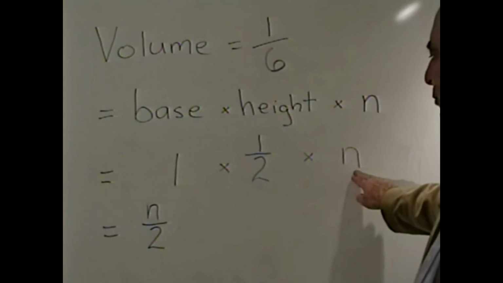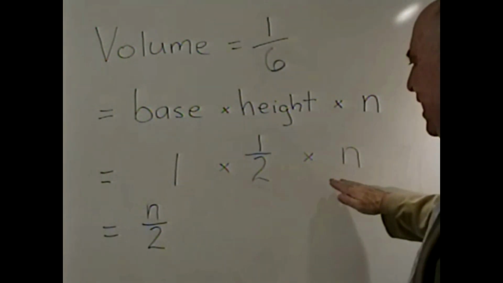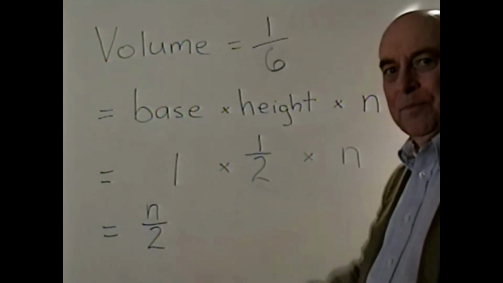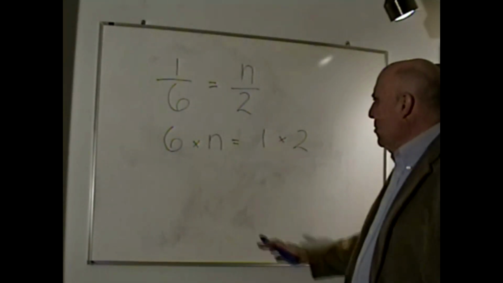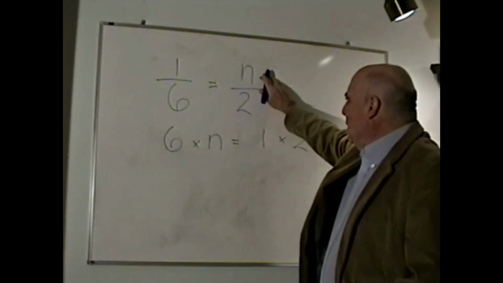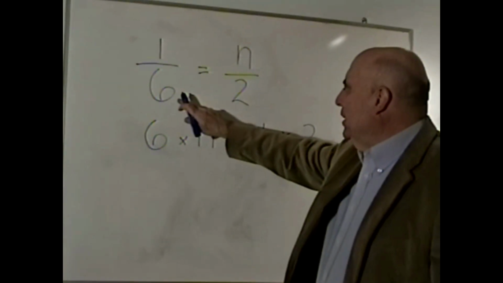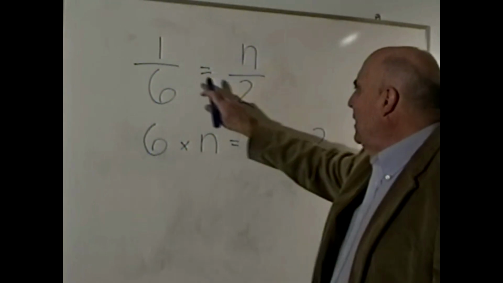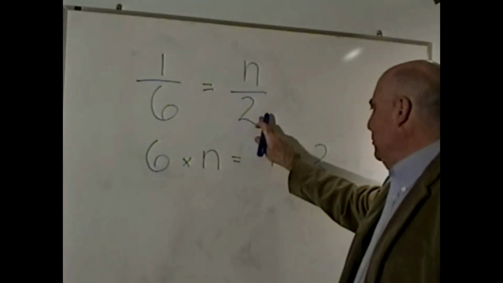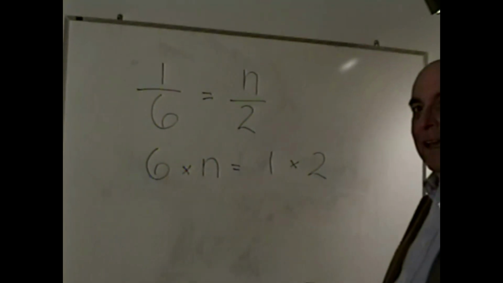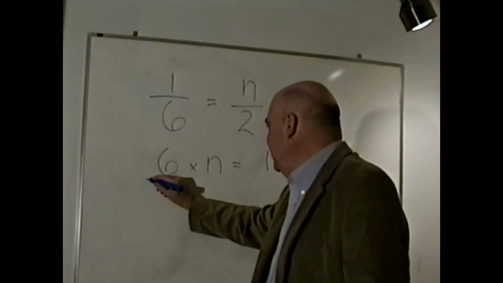So the volume of each pyramid, when you do the multiplication, equals n over 2. So we know that 1/6 is equal to n over 2. By cross multiplying, we know that 6 times n equals 1 times 2. We then divide each side of the equation by 6.